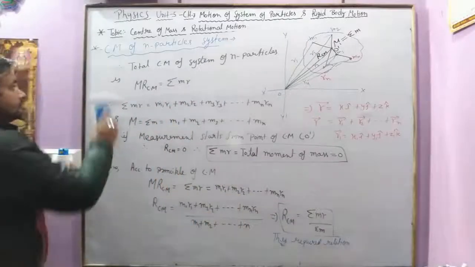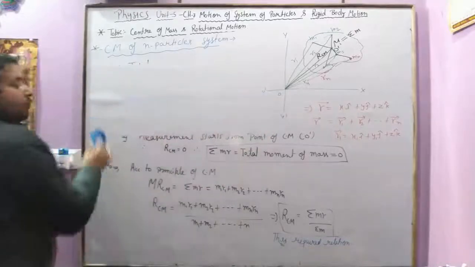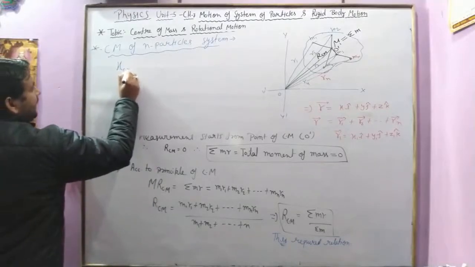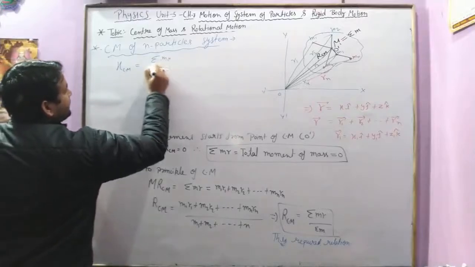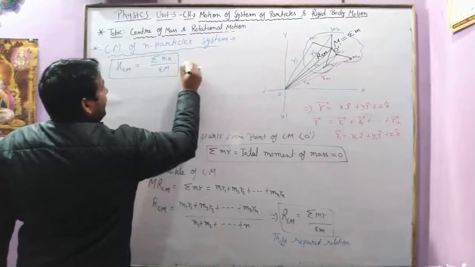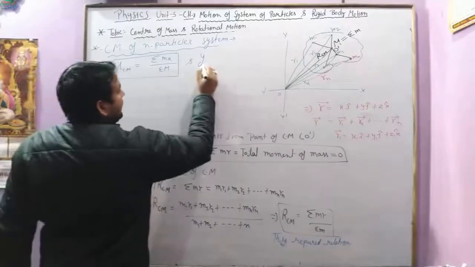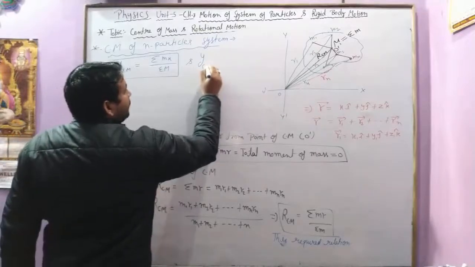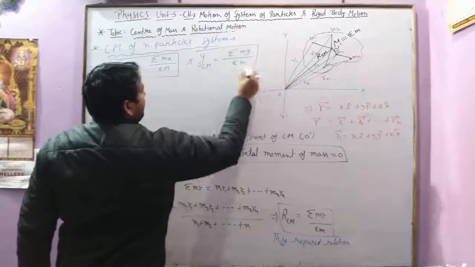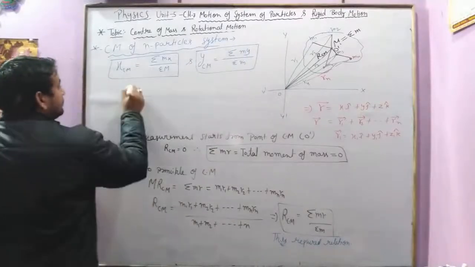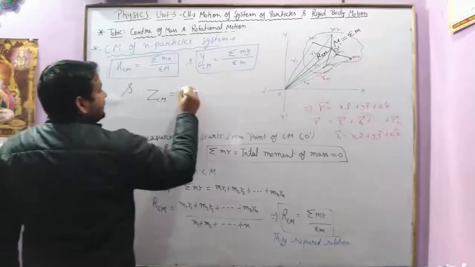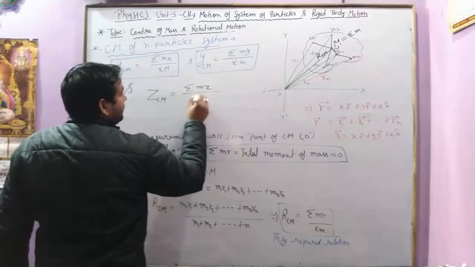Therefore the value of radius of center of mass in the x direction is summation mx upon summation m, and the distance of the center of mass along the y-axis is summation my upon summation m, and for the z direction it is summation mz upon summation m.